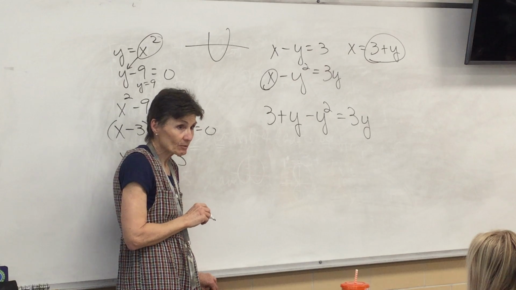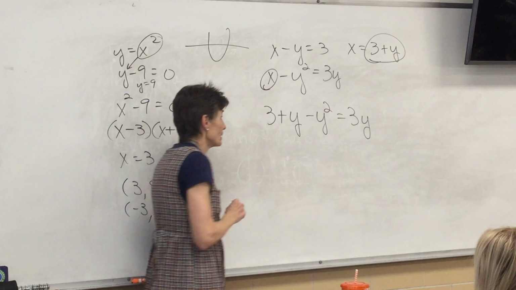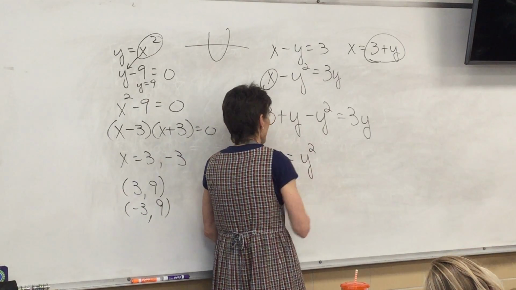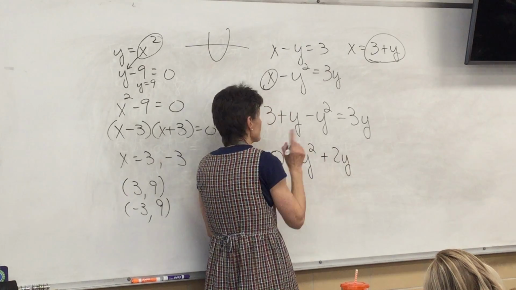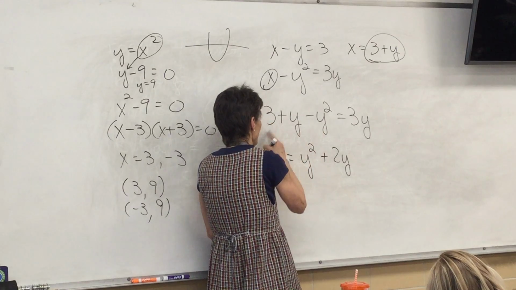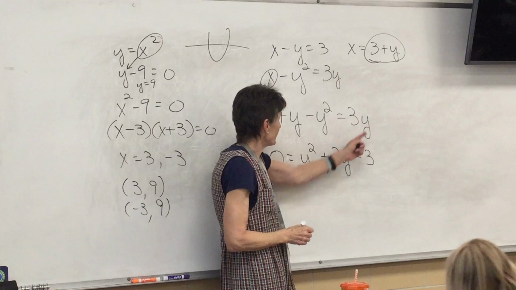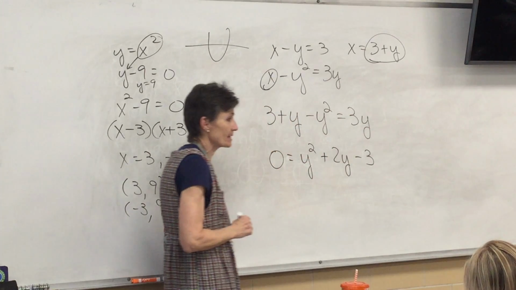And I'm either going to factor it or use the quadratic formula. So I'm going to rearrange it. I'm going to add y squared to the other side, subtract y, and subtract 3. So I added y squared, subtracted y, subtracted 3 to get it set equal to 0.